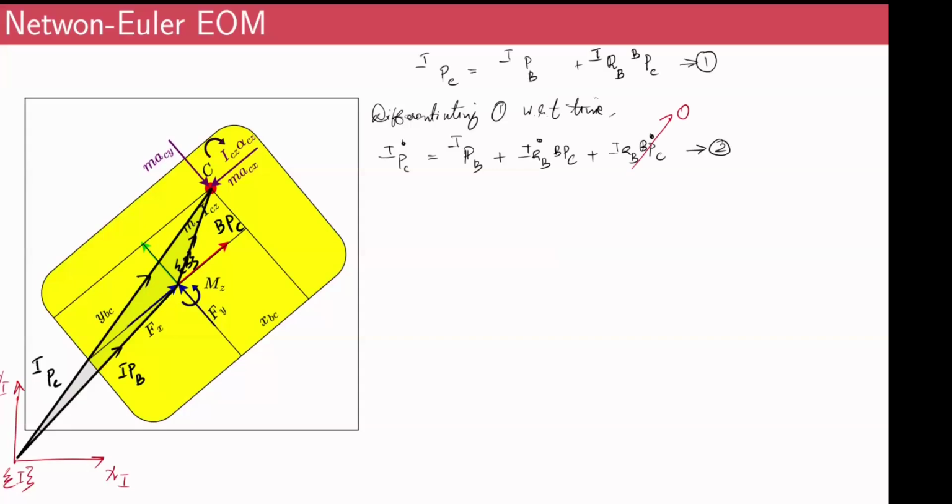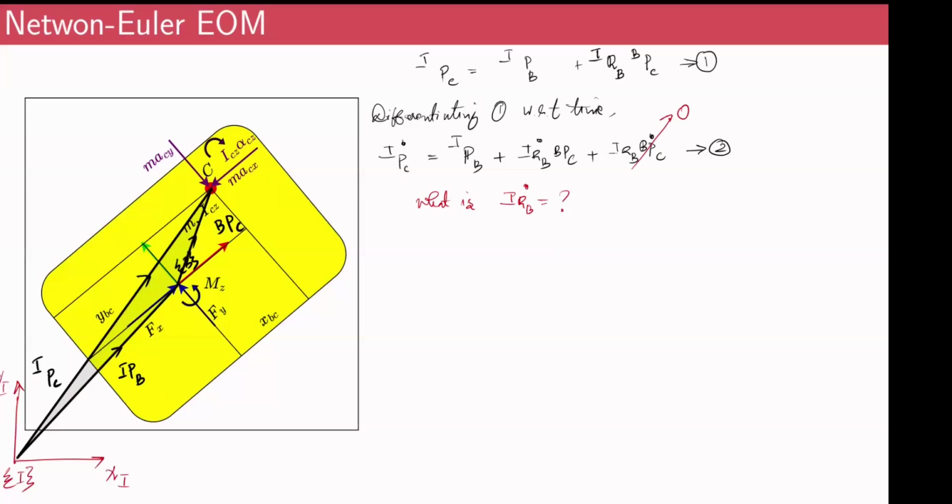Then how do we define the derivative of this rotation matrix? What is the derivative of this rotation matrix? We can follow this by considering the fact that the rotation matrix is an orthonormal matrix, right?